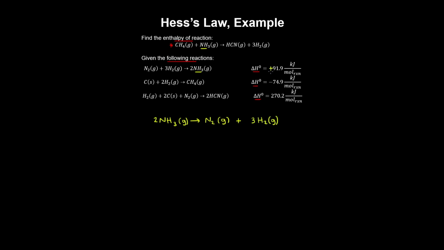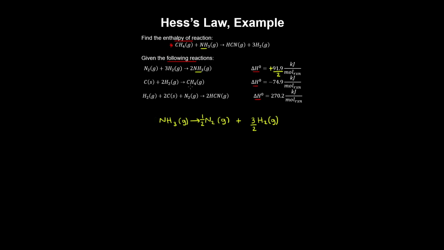So we flip the sign of the enthalpy, and we have 1 mole of ammonia, so we need to divide this by 2. And we thereby divide the enthalpy of this reaction by 2.